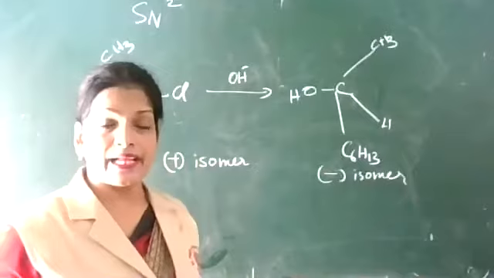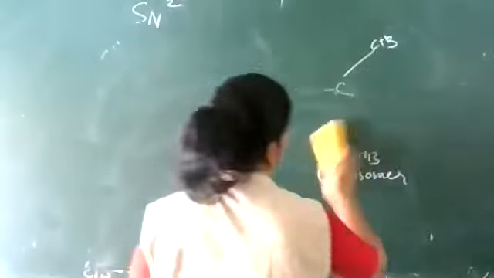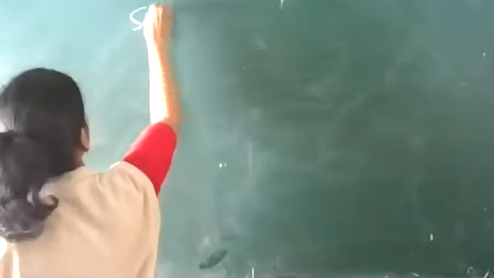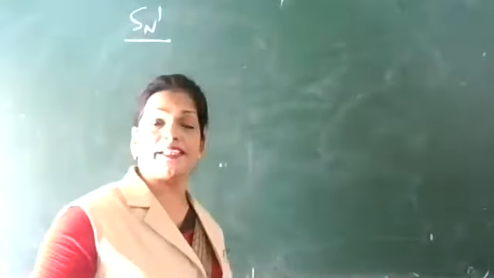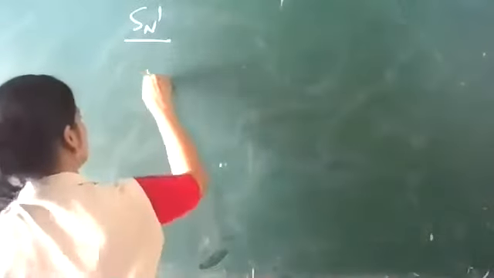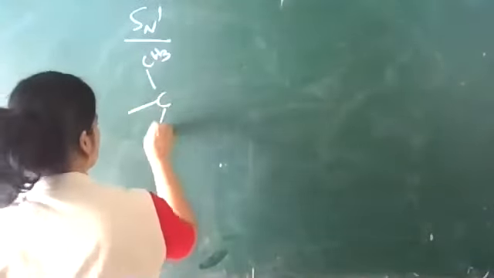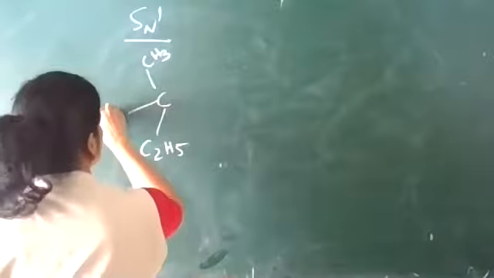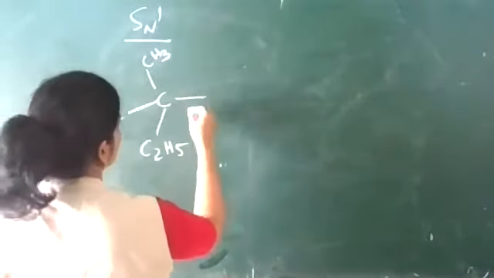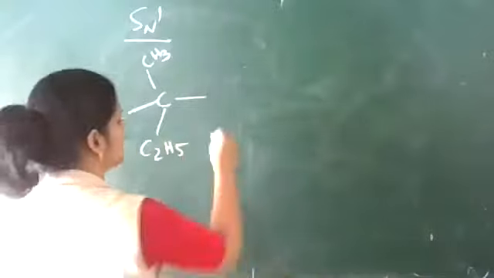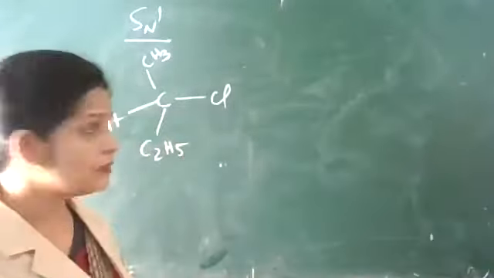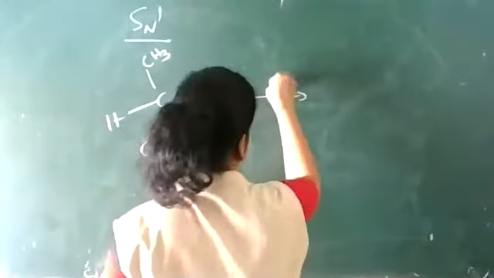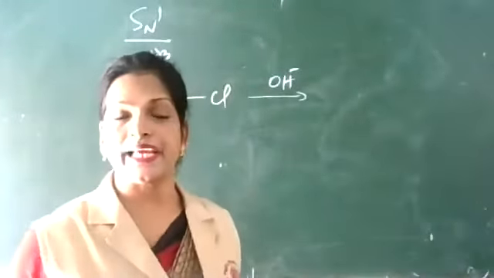In the case of SN1, inversion as well as retention take place. So here C with CH3, C2H5, H, and a fourth different group, four different groups, and here OH minus, aqueous KOH or aqueous NaOH.